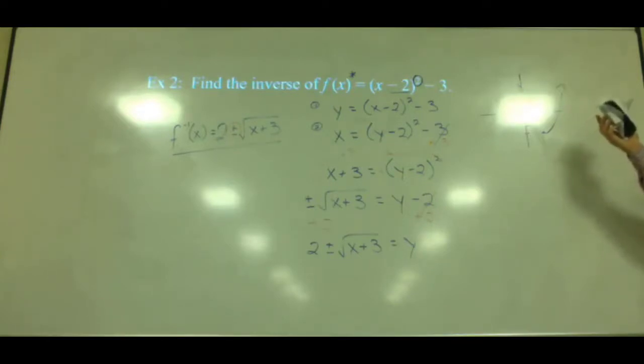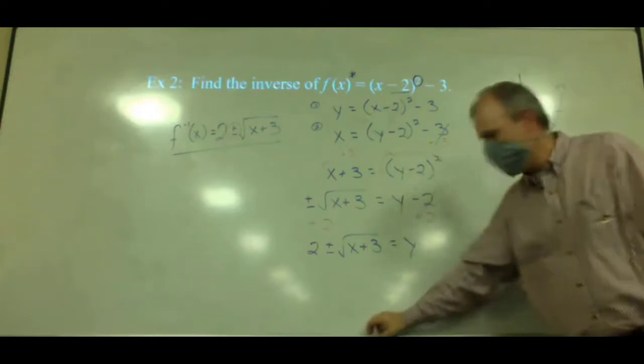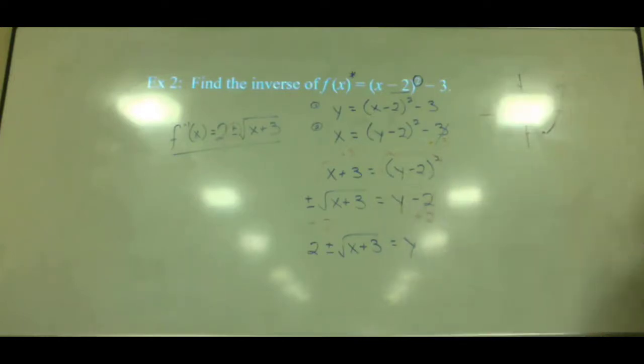Does that make sense? So you'll notice on the problems, it'll say, use this function, but only use the x values greater than or equal to 2. That means we're only looking at the right side. You can use either side, it doesn't matter. I think they usually use the right side.